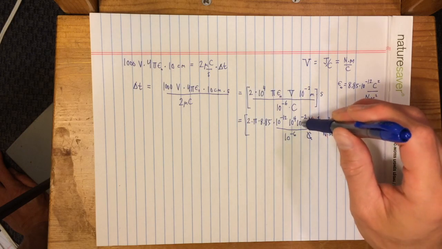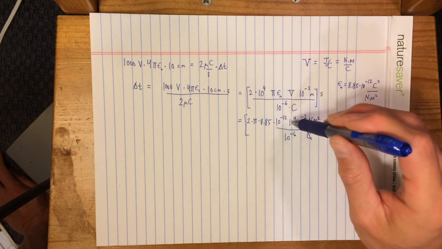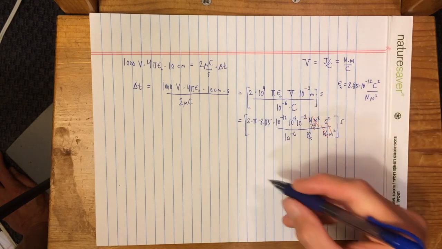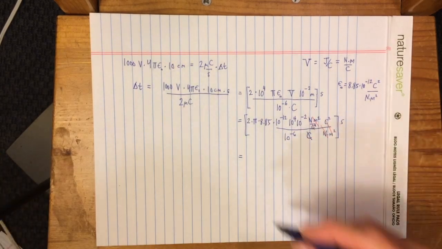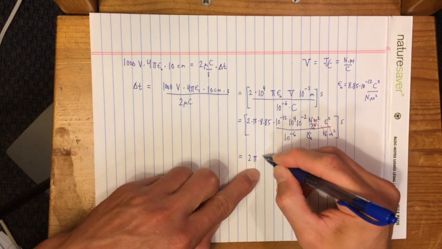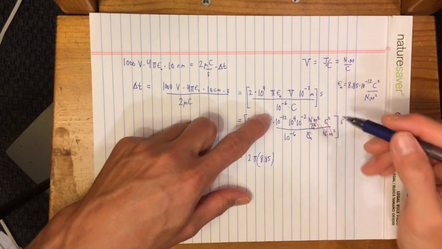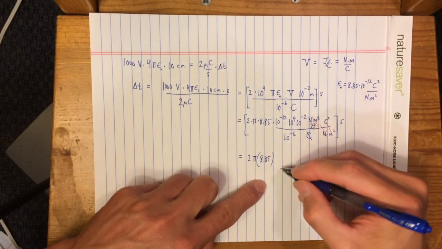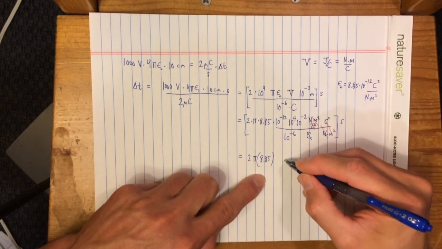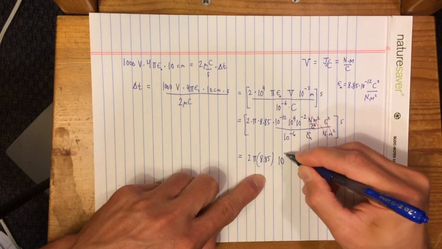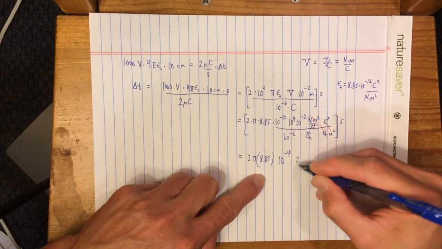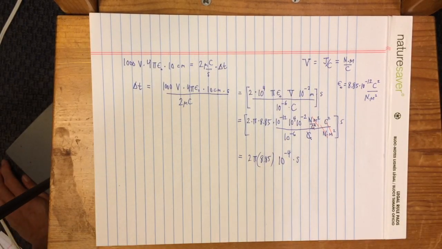And then 10 to the positive 8 times 10 to the minus 12 is 10 to the negative 4th. So let me clean this up for a second. I've got 2 pi times 8.85, right? And it turns out that this is 10 to the minus 4. And then the units that are left over are seconds.